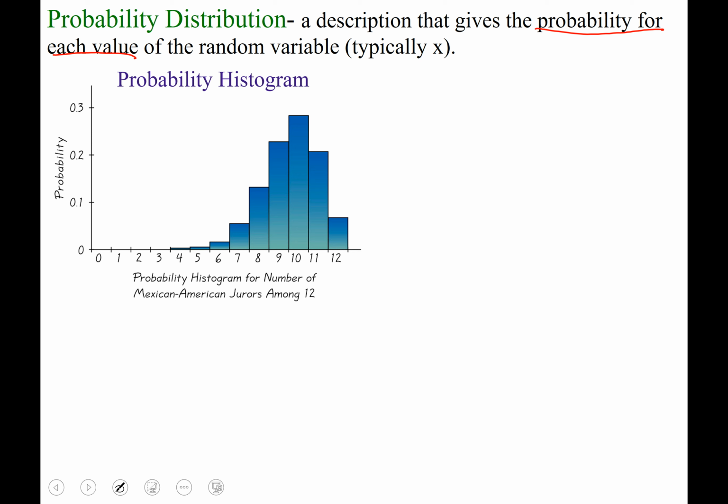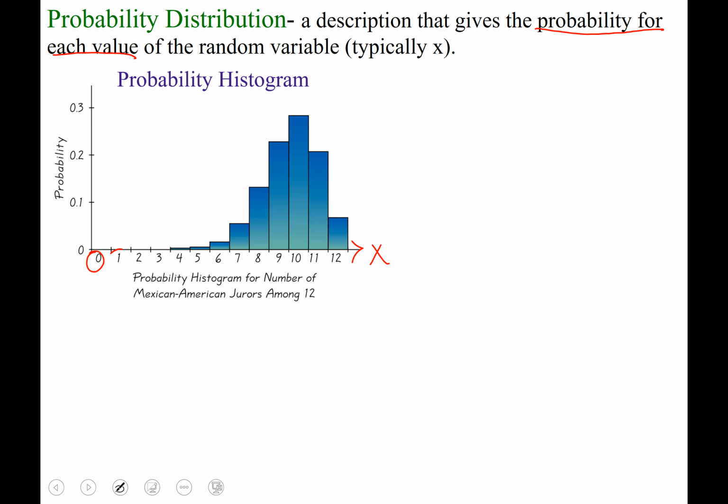Here we have a probability histogram. You can see here that just according to the definition, it describes the probability for each X. Let me explain. This horizontal axis represents our random variable X. The possible values for X are the number of Mexican American jurors among 12 jurors.